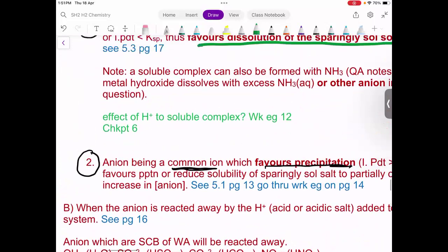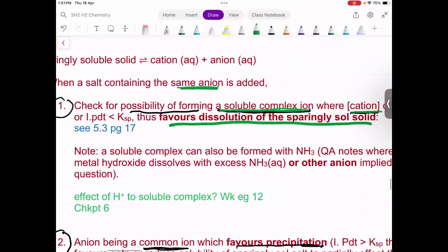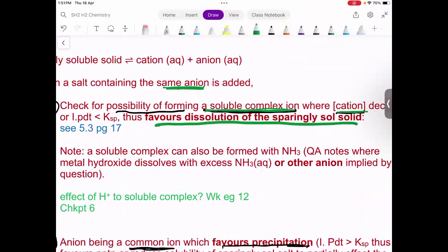But do recognize that the anion, if added in large excess, can also result in formation of a soluble complex, which will give rise to enhanced solubility. So you have to read the question to know what they are driving at.